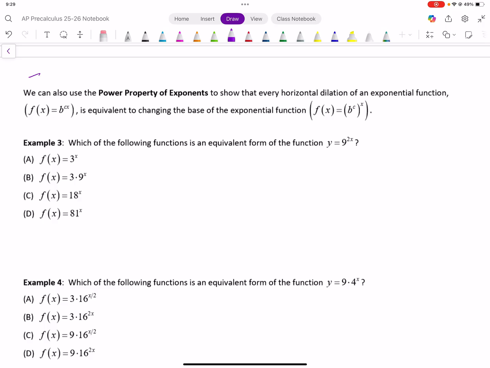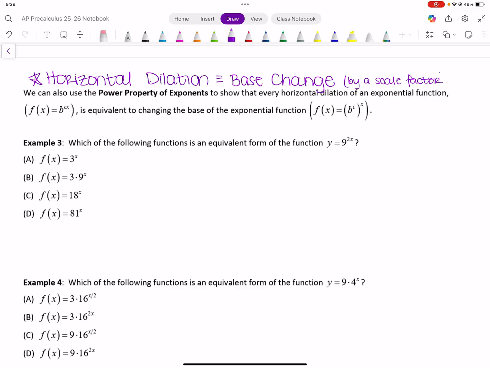So what that is saying is our horizontal dilation is equivalent to a base change by a scale factor. So let's look at an example of this.